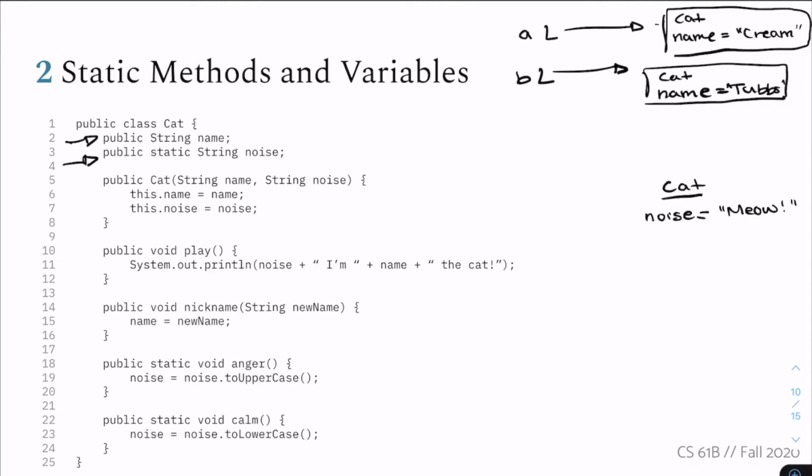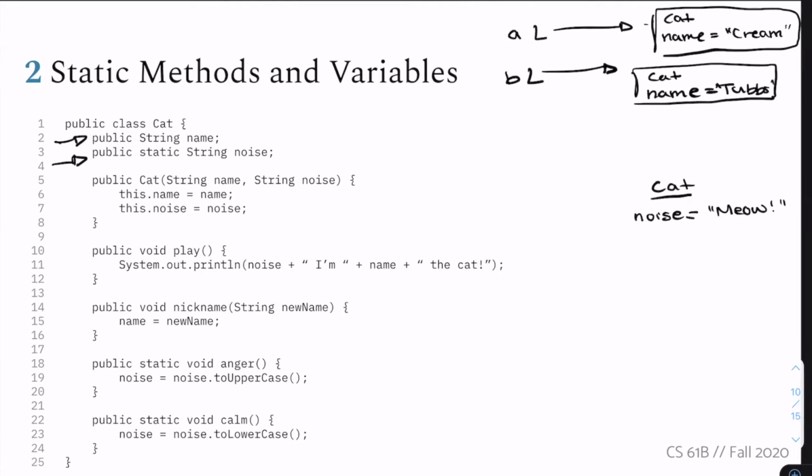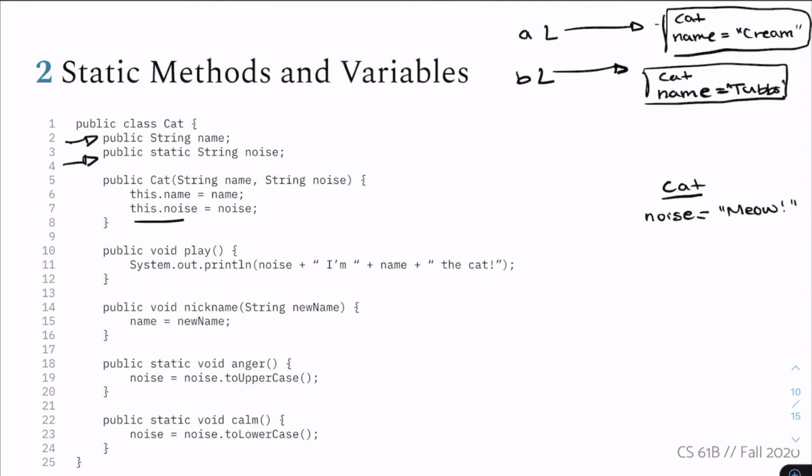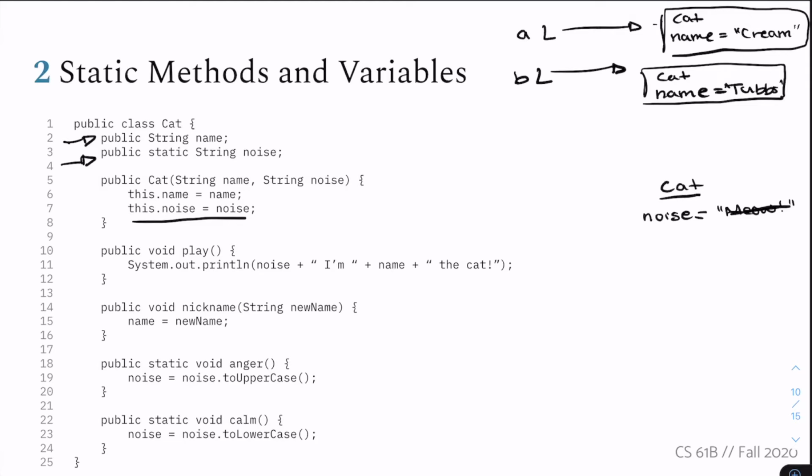Okay, and now one thing to notice is that Tubbs has a noise Nyan. And so when we set the noise to Nyan in the constructor, it's a static variable, so we're changing the noise for all the cats, and we're going to do that over here.